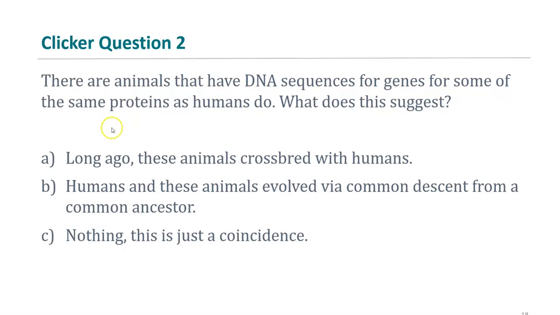All right. Let's see how much of this you've understood. So we've got some questions here. It says there are animals that have DNA sequences for genes for some of the same proteins as humans do. Did we not just see this? All right. So it says, what does this suggest? You can take a moment, pause the video, and read the answers and form your own thoughts here.